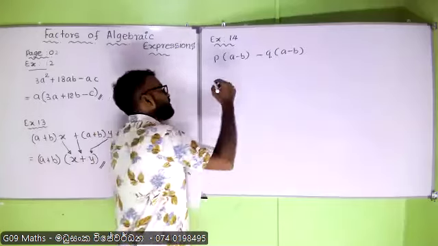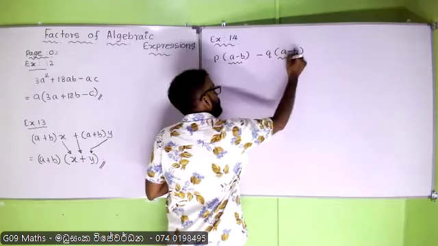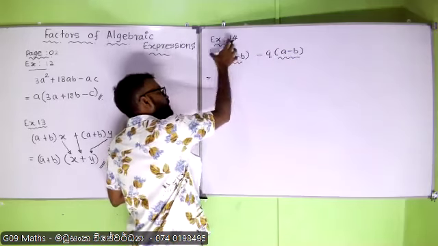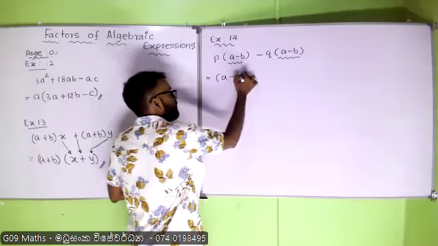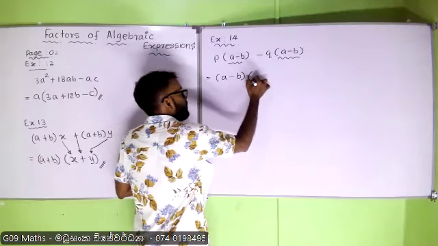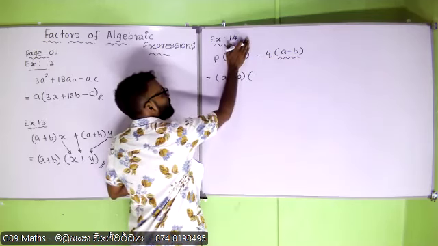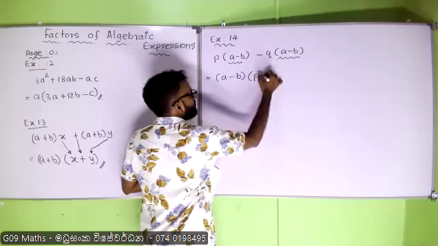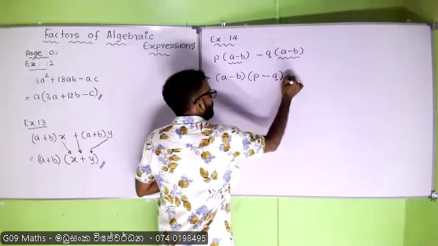A minus B is common. Now I am going to take A minus B out from the bracket. Now write what the remaining terms are. If you forget A minus B, P minus Q. Done.